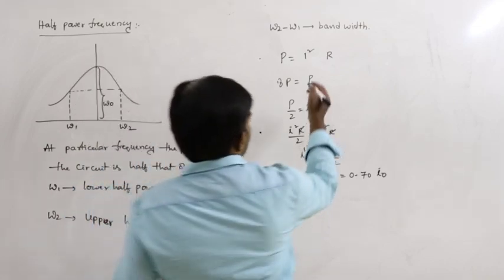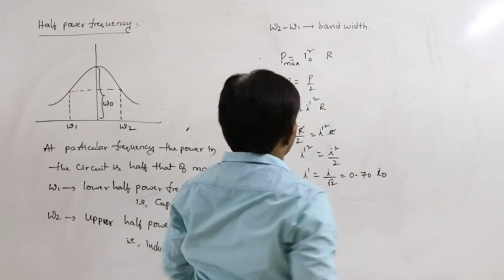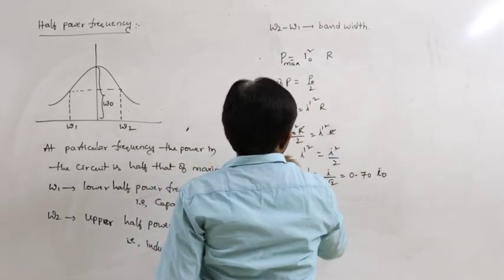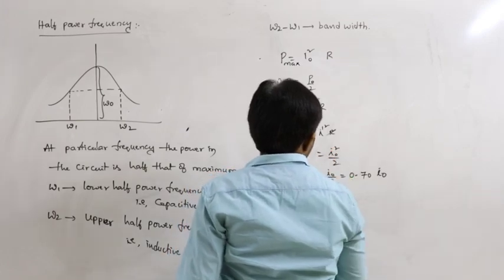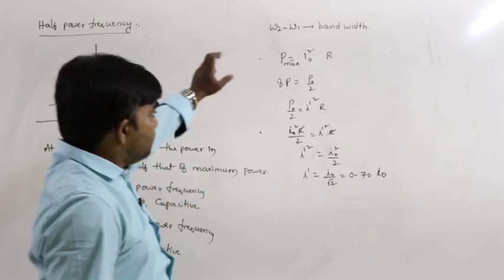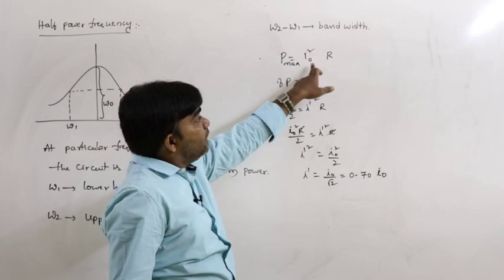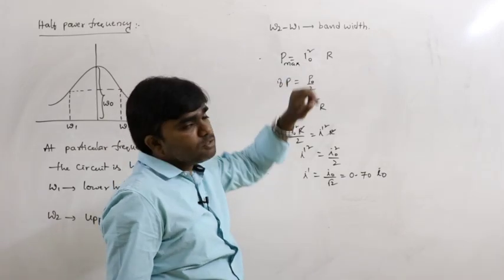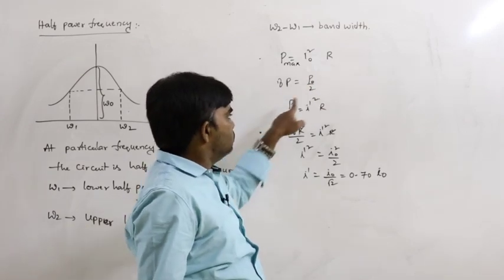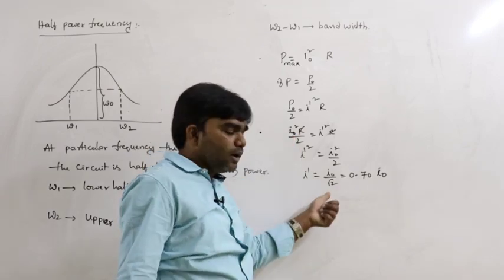So the maximum power, P maximum, is equal to I naught square R. If P is equal to P naught by 2, then I is I naught by root 2. When the power is maximum, the peak value of current passes through the circuit, that is I naught square R. Then P naught by 2 equals I dash square R, so I dash is equal to I naught by root 2.